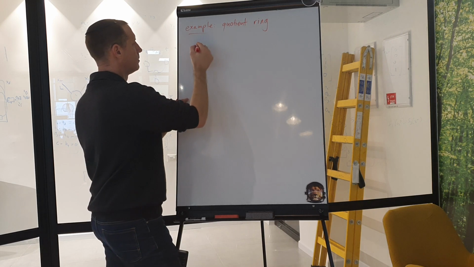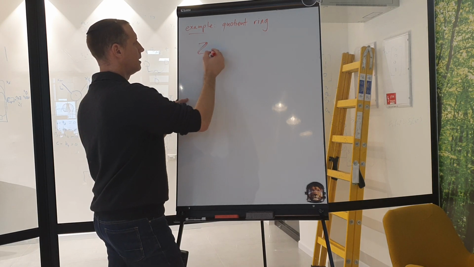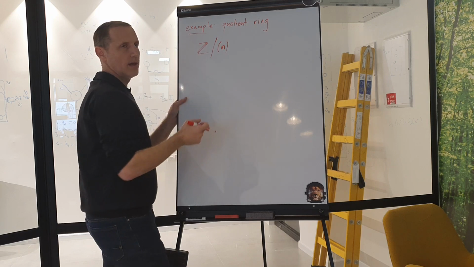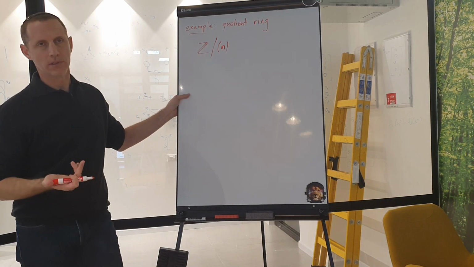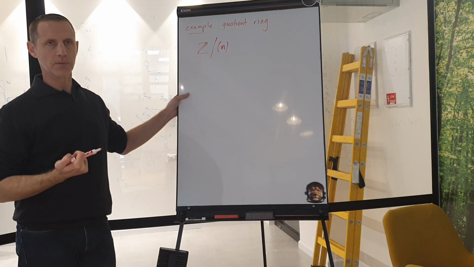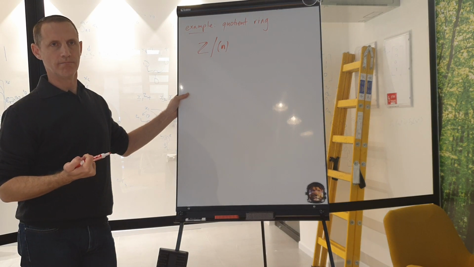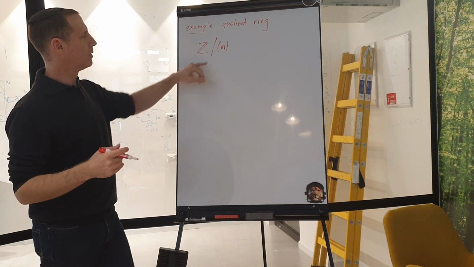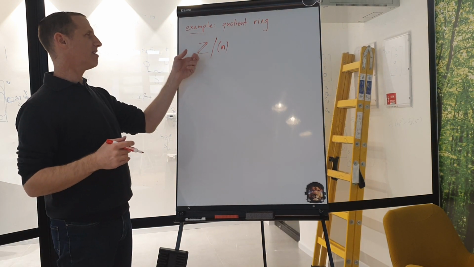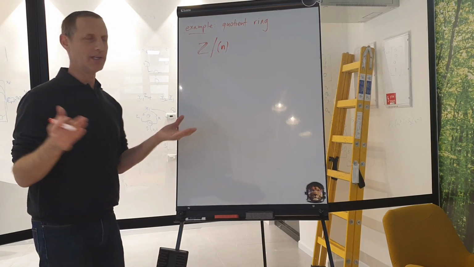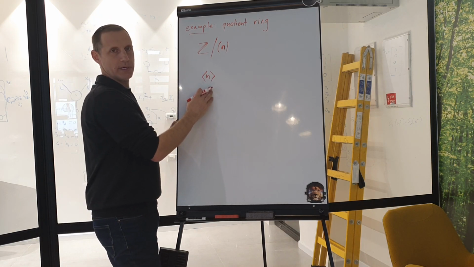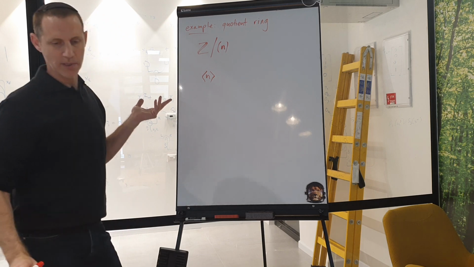So take Z and N is now just a principal ideal, okay? Which is basically all the products of N with Z. It's very similar, if you remember we had the cyclic group N. It's actually the same elements.